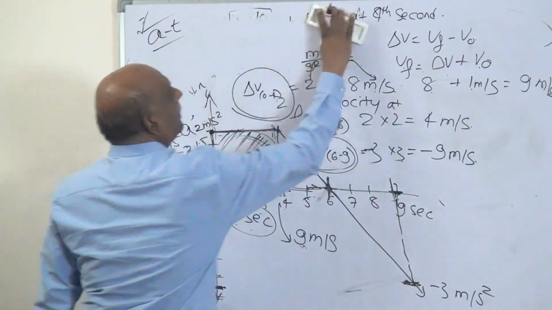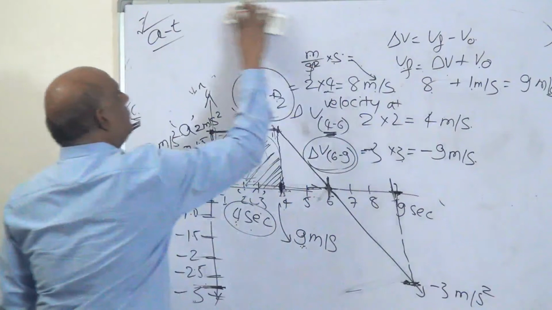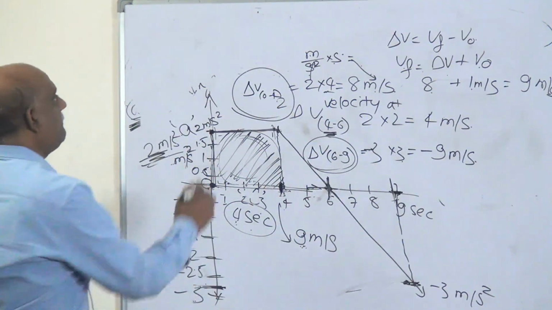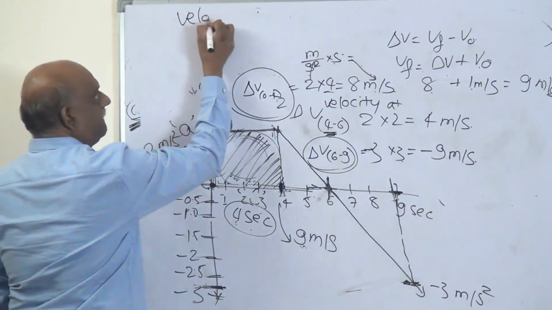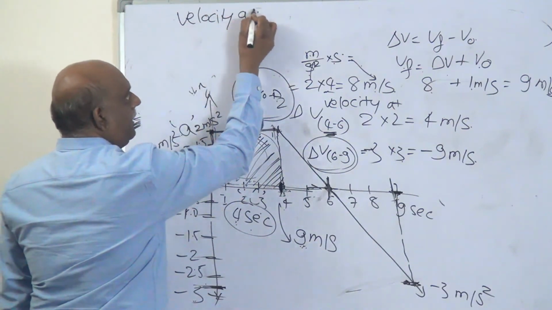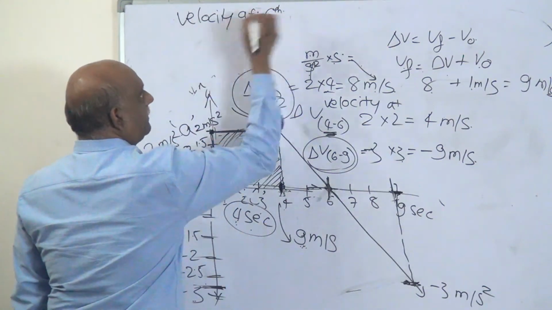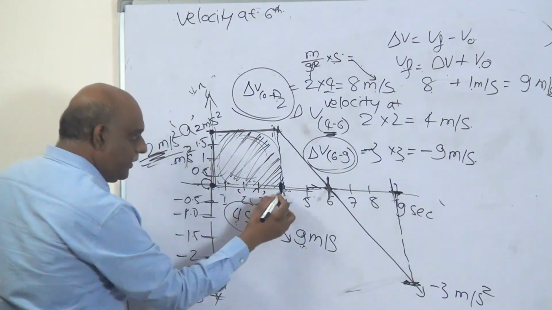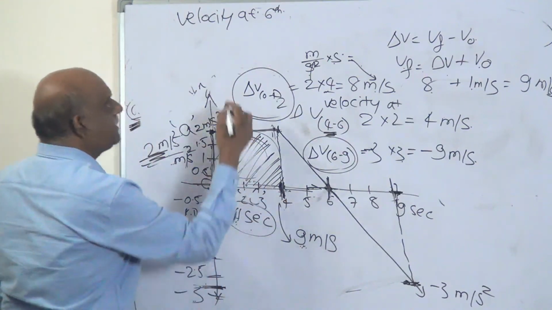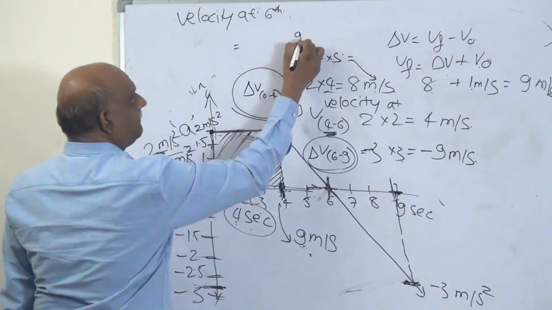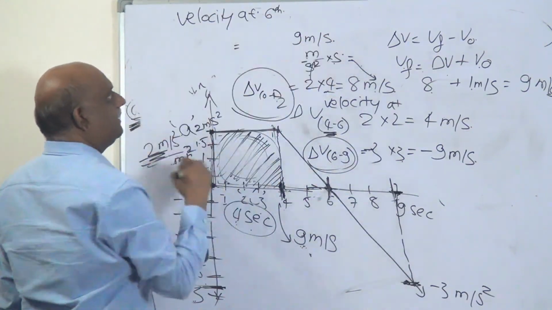So I am asking you a question: what is the velocity at 6th second? So already you know what is the velocity at 4th second. What is that? It is 9 meters per second.